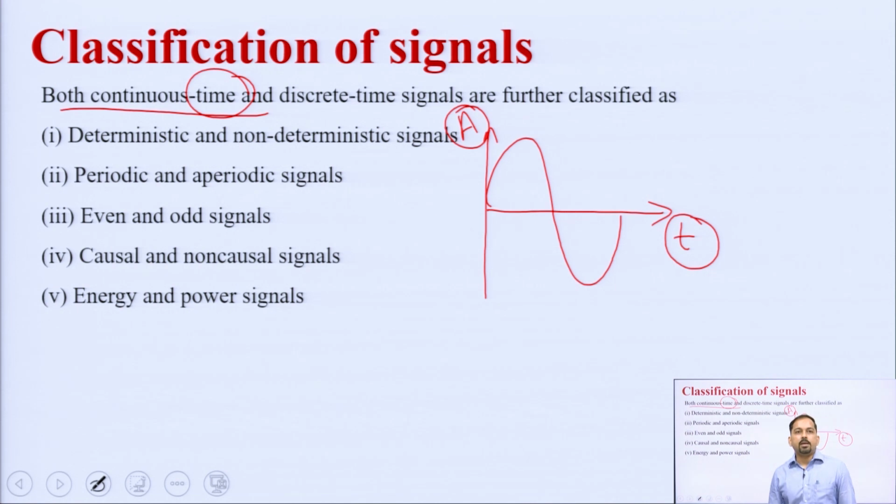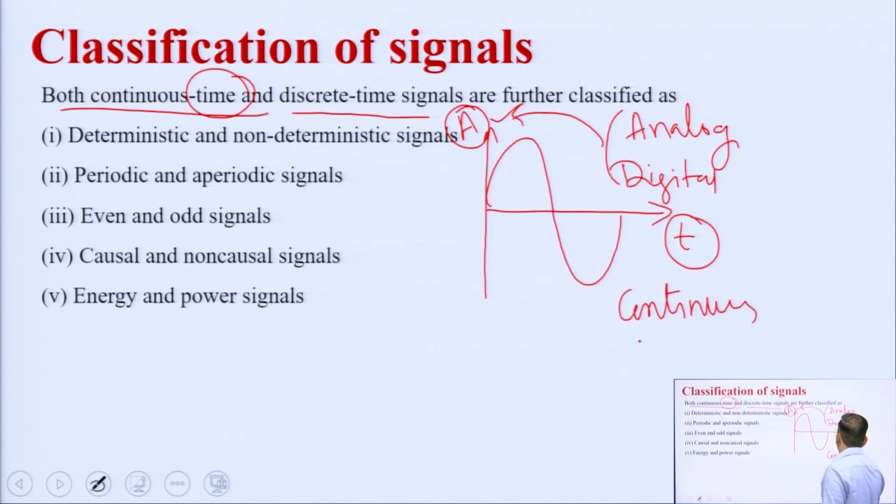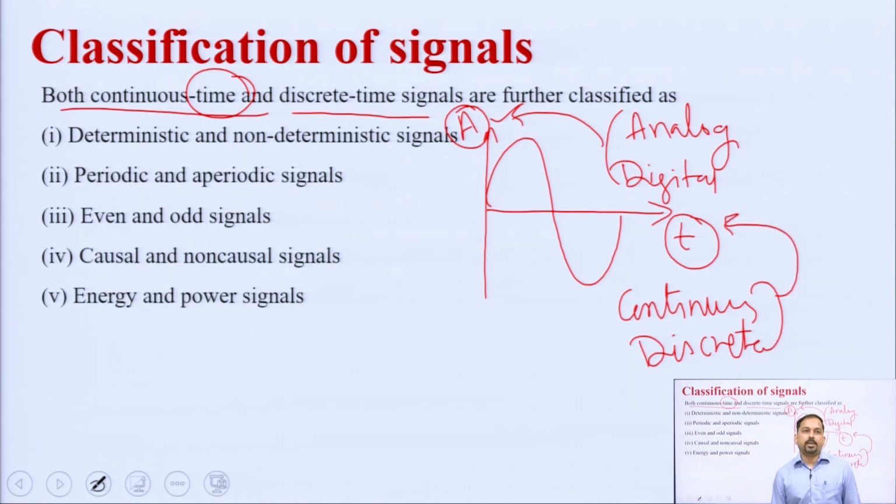Based on the time scale, the signal can be classified as continuous time signal and discrete time signal, whereas based on the amplitude we have analog signal and digital signal. Continuous time and discrete time both depend upon the time axis.